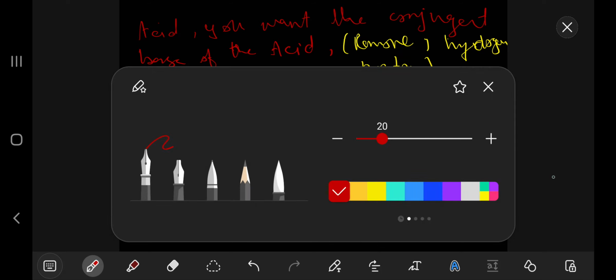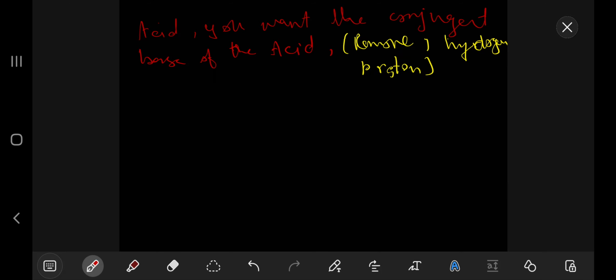Okay, for another example, let's say we have H3PO4. This is an acid. What is the conjugate base? Subtract one hydrogen, that would be H2PO4 minus.